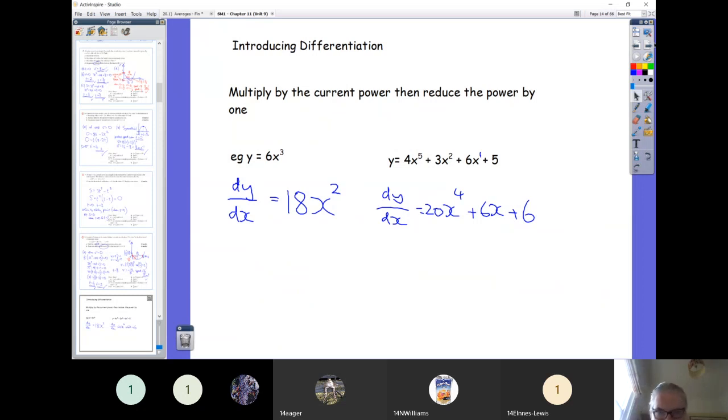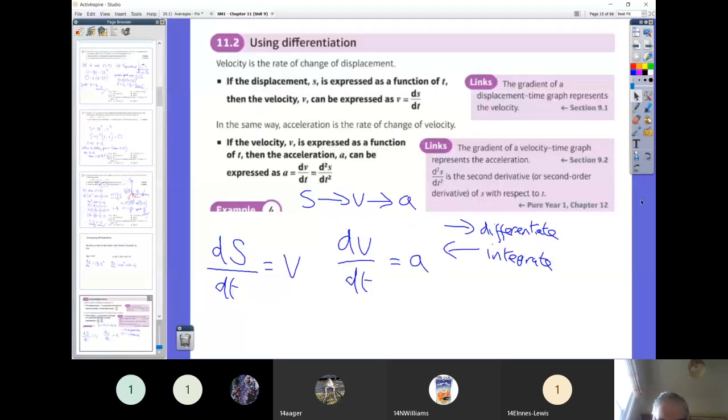I know you all know how to differentiate, but if you've slightly forgotten, this slide reminds you of the process. We're moving between displacement, velocity, and acceleration. The rate of change of displacement, the rate at which you're covering distance, is velocity.